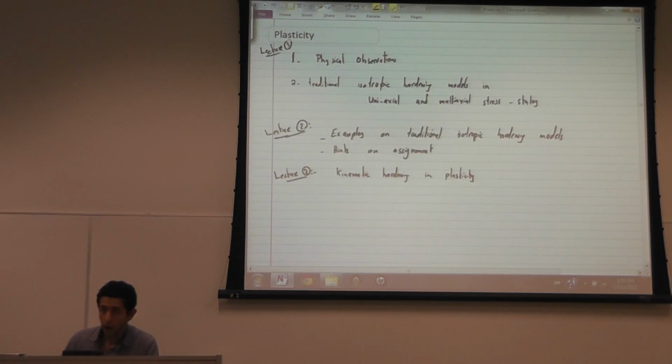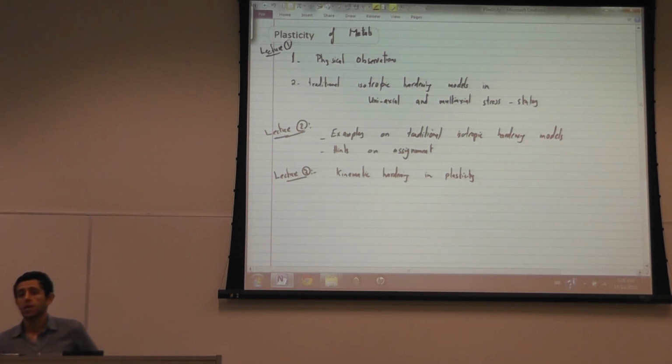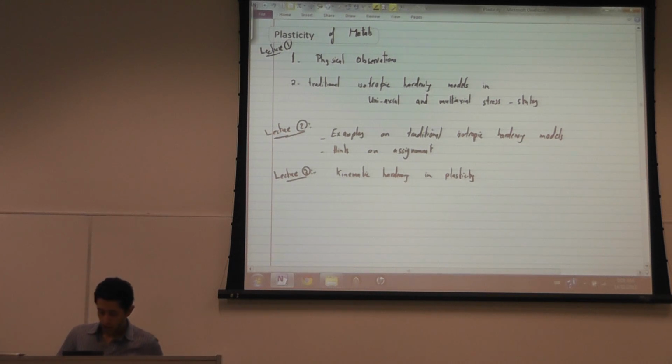Now, everything that we're studying here applies to plasticity of metals. The geotechnical group studies the plasticity of soils, which is slightly more complicated than the plasticity of metals. The plasticity of metals is a very successful material model, perhaps the most successful, right after the linear elastic material model.